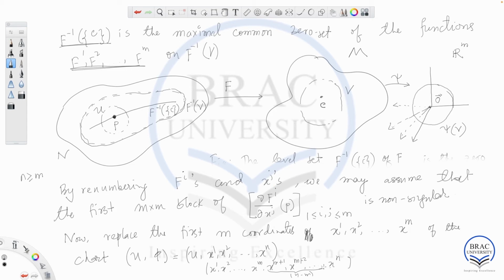So in these n coordinate functions, we replace the first m coordinate functions, that is x1, x2, all the way up to xm, by f1, f2, all the way up to fm. Okay, remember, p is in U. Look at this figure. P is inside this open set U here.